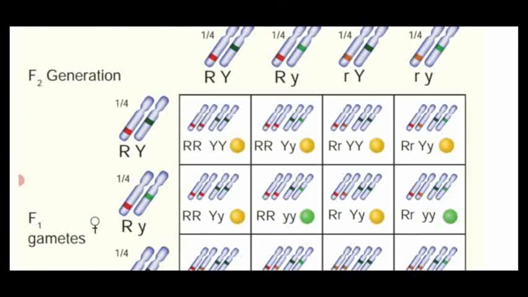Then second, we are going to see the yellow wrinkled. How can we identify the yellow wrinkled? Capital Y with small r. In the boxes, look for where capital Y with small r is present.